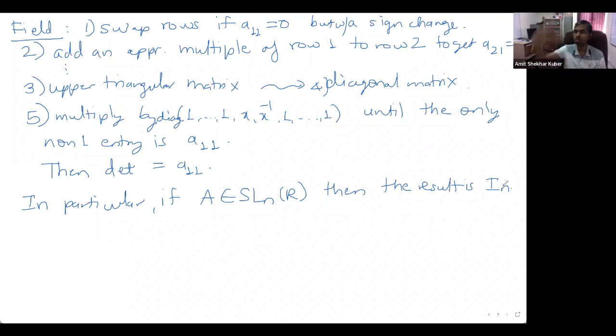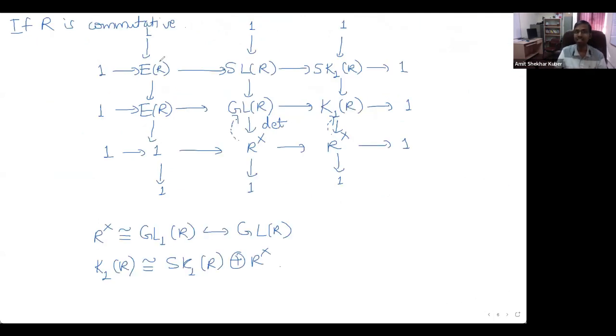If we go through this process, then we have converted that matrix in SL_n(R) into the identity matrix. And all of these steps are valid multiplications by elementary matrices. Are you getting this point? That we are simply multiplying by those, and therefore in this case SL_n(R) is the same as E_n(R).